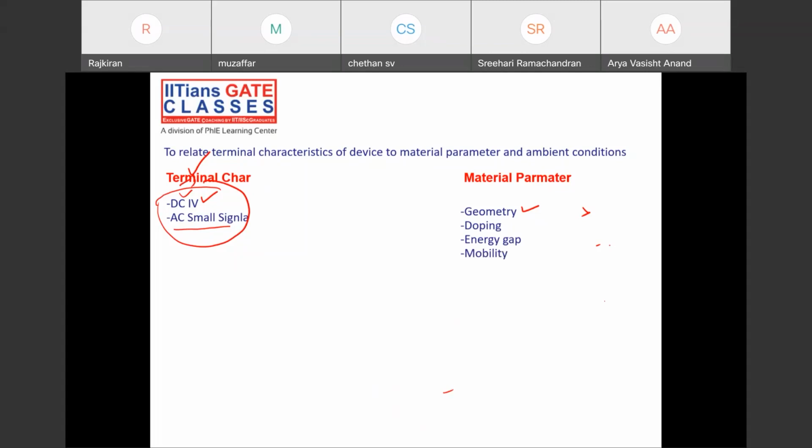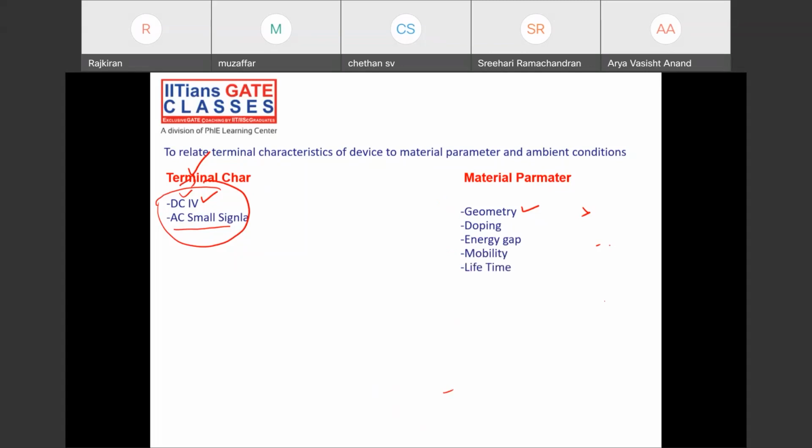Then you will understand mobility. In different semiconductors and different doping, how the mobility is changing. Mobility changing means my DC current-voltage characteristic is changing. Mobility is linked to current, so the higher the mobility, the higher the current.